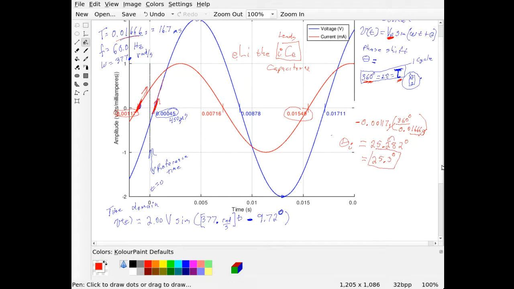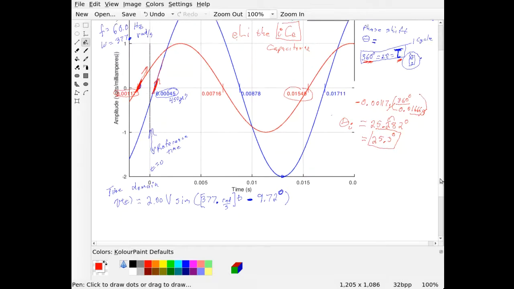So if we wanted to write our current waveform now, we'll get i(t). Again, this is lowercase because this is AC. And we will have to put the peak value. The peak value here was 1.00 volts.